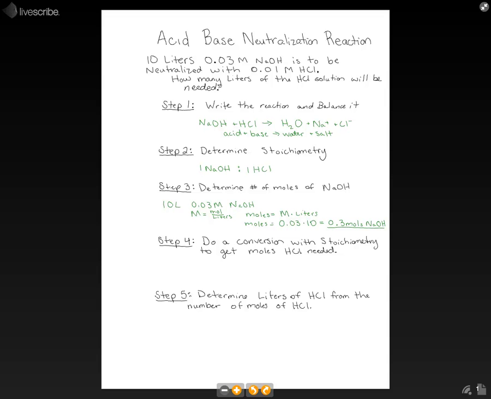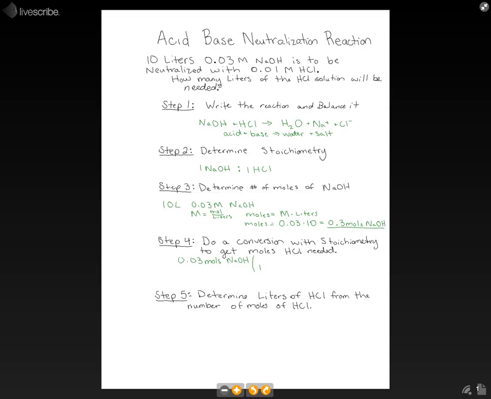Now we're going to use that number in our next step. We're going to do a conversion with this using our stoichiometry to find out how much HCl we need to neutralize our base. So we start with our 0.3 moles NaOH. And now we're going to do a conversion with that stoichiometry.